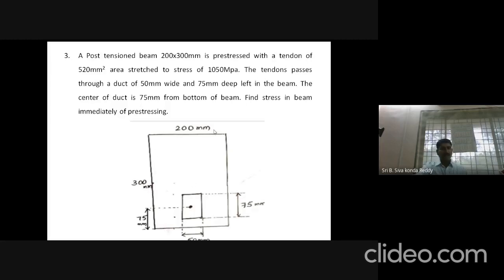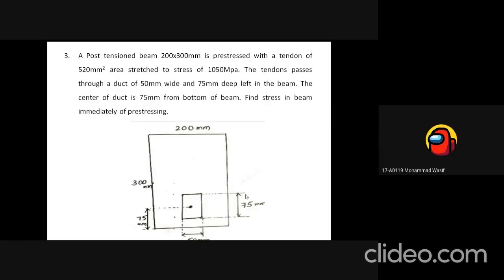You have a 200 mm by 300 mm wide beam. This is an opening in the form of a duct, which is 50 mm wide and 75 mm deep. The center of this duct, where our cable is assumed to pass, is 75 mm from the bottom.